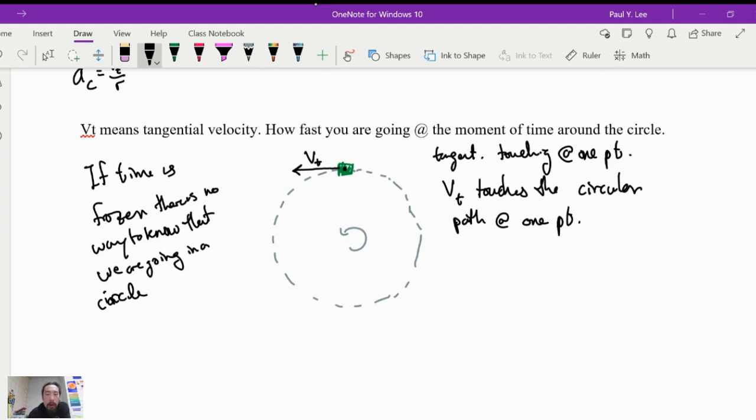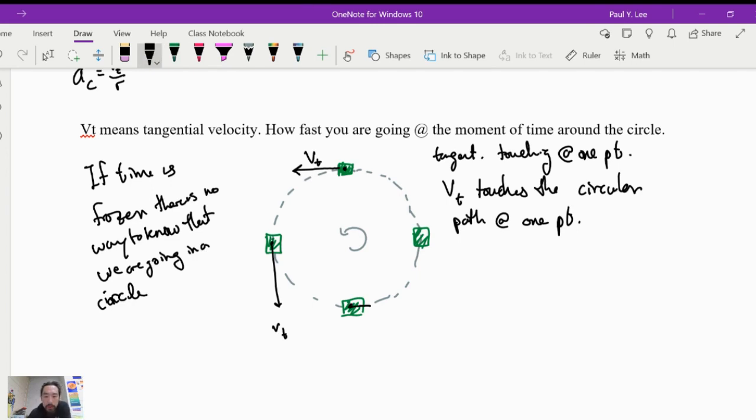If we were going in a counterclockwise fashion, the tangential velocity will be just straight to the left if the object was right here. If the object was over here, the tangential velocity would just go straight down, and we'll complete all of the sides.